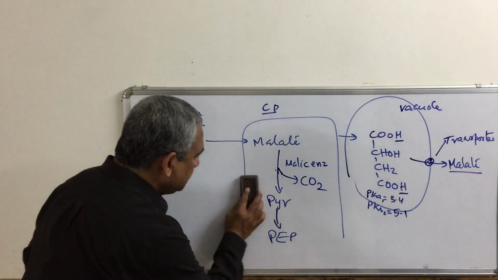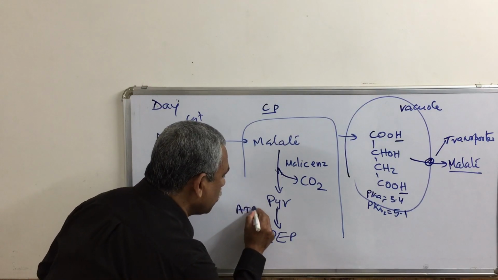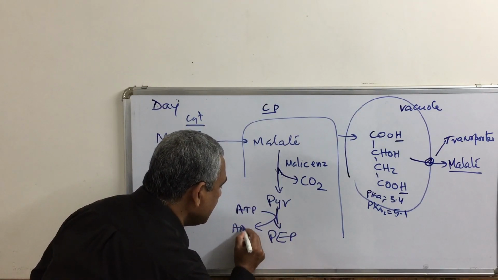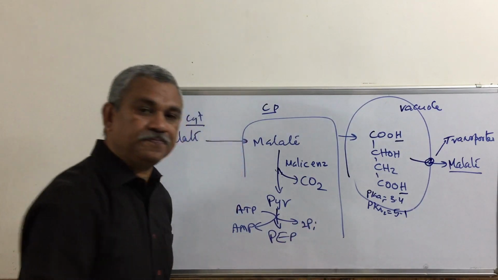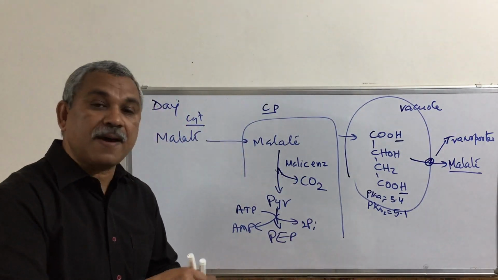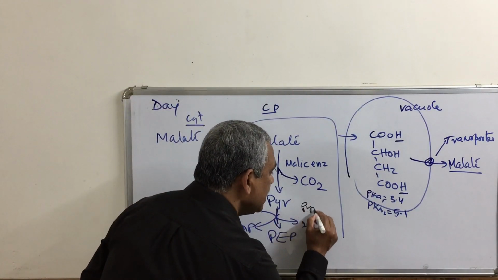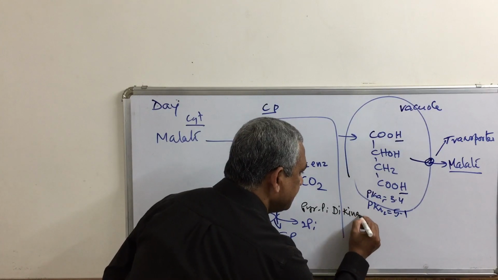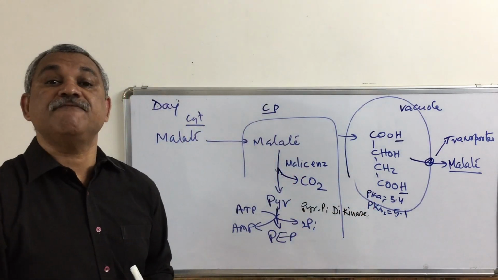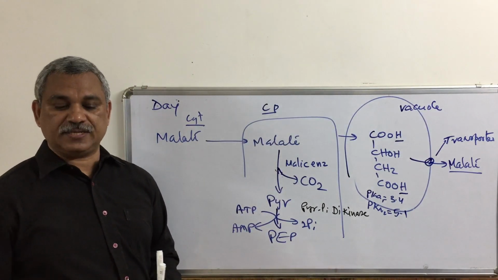In other words, 1 ATP is broken down to AMP and 2 Pi, catalyzed by the enzyme pyruvate phosphate dikinase. That enzyme will convert pyruvate into phosphoenolpyruvate.